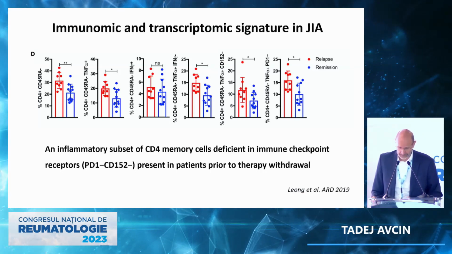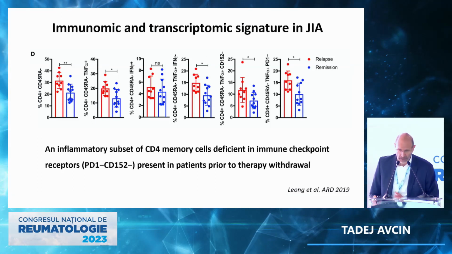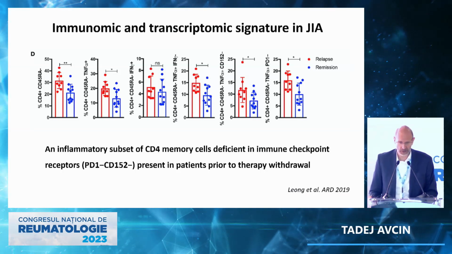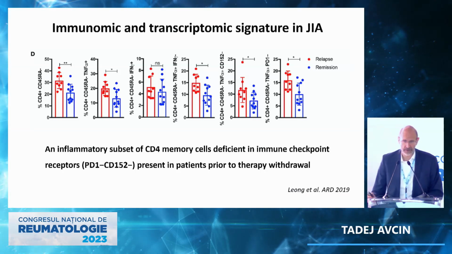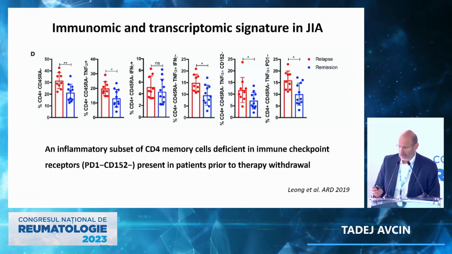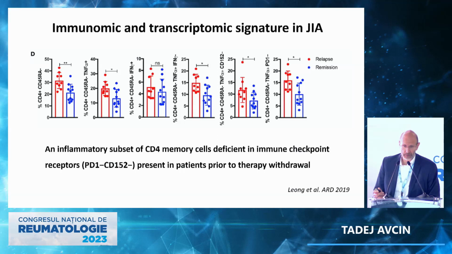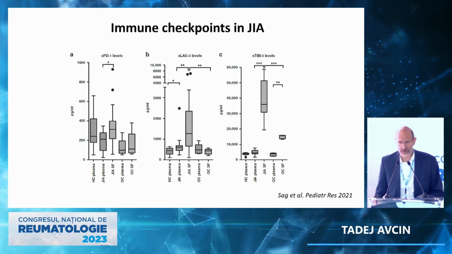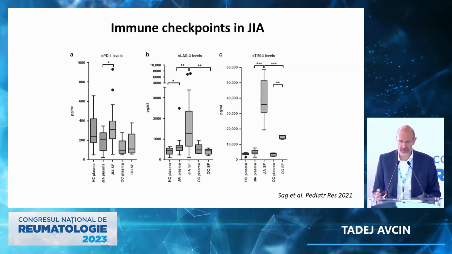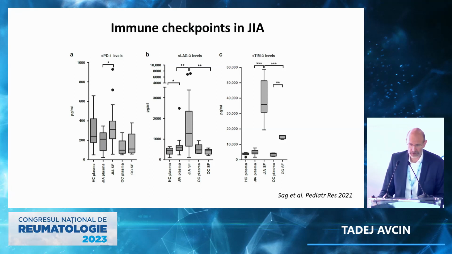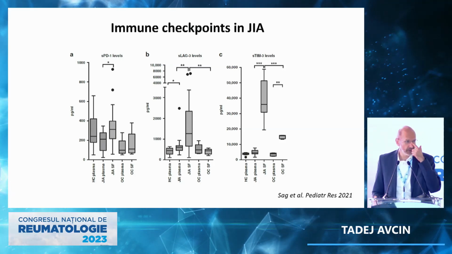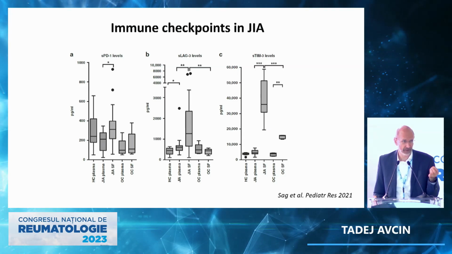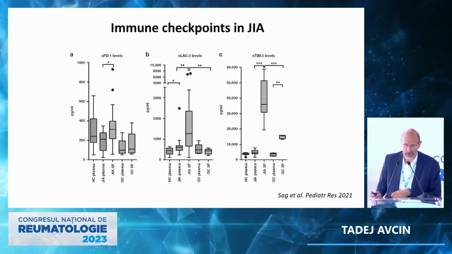Regarding the biology, systems biology approaches, I'm sharing just one study published in Annals of the Rheumatic Diseases on immunomic and transcriptomic signatures in juvenile idiopathic arthritis, recognizing a specific CD4 memory cell subset in immune checkpoint receptors. A similar study that evaluated checkpoint inhibitors in juvenile idiopathic arthritis was published in Pediatric Research by our Turkish colleagues, showing that these changes are particularly pronounced in synovial fluid in patients with JIA, where there is ongoing local inflammation.